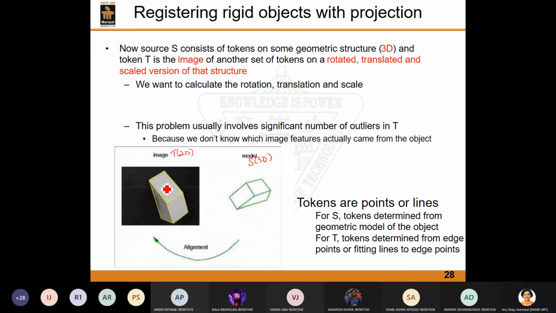For the source, the tokens that we are considering would be with respect to the 3D object, and for the target, the tokens that we will be considering would be with respect to the 2D image. So the tokens that we are considering would be different. That's one point that you need to remember.